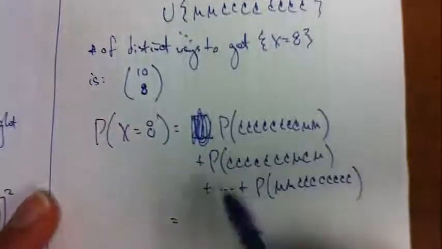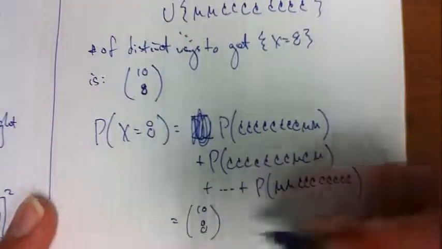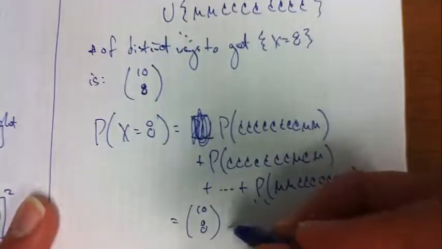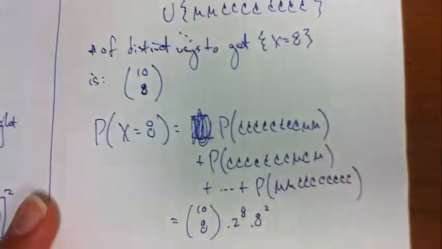All these probabilities are the same. I just have to count them all up. I have 10 choose 8 ways to do that, and what was that probability? It's 0.2 to the 8th times 0.8 to the 2nd.